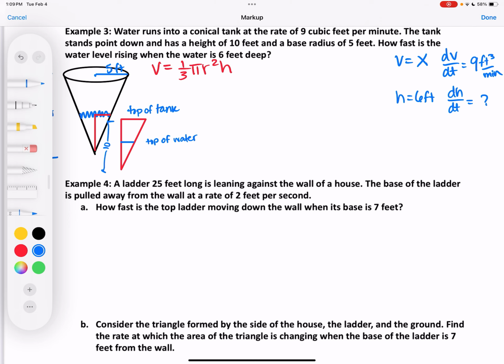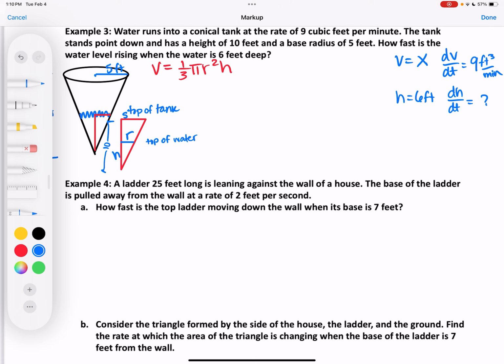So the radius that I'm looking for is here, and this is h here. And obviously at the top of the tank, this radius is 5. So I'm going to use similar triangles to find what I'm trying to solve for.